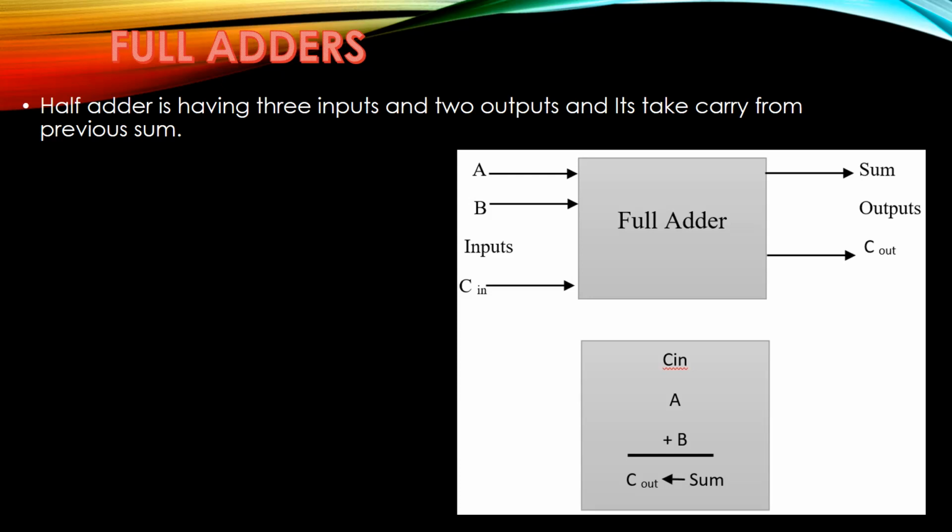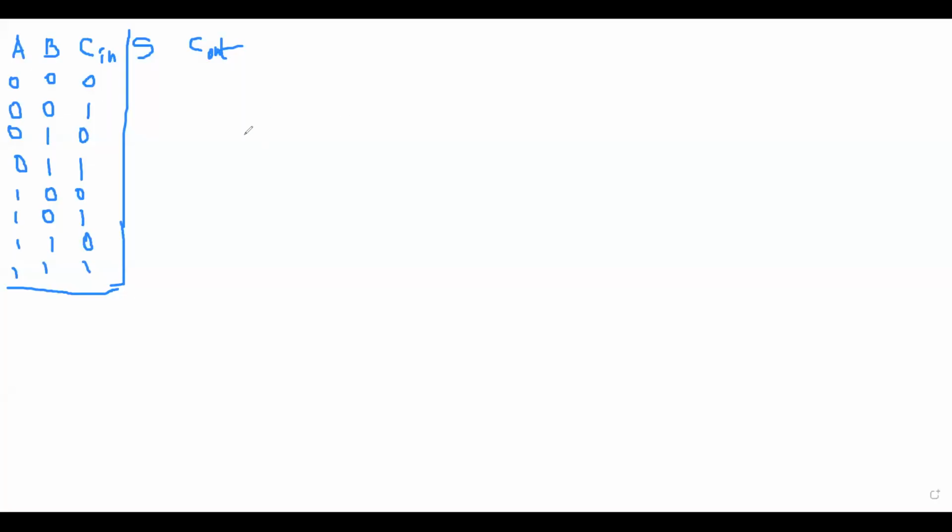Now, I'm going to draw the truth table for the full adder. These are the 8 combinations for 3 inputs. Now, I'm going to add those combinations one by one.